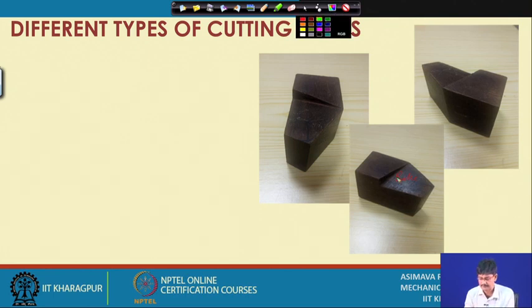Yellow, yes, this is good. Rake surface or the face of the tool. Here also this is the rake surface. If the cutter is moved this way, then this is the principal cutting edge.